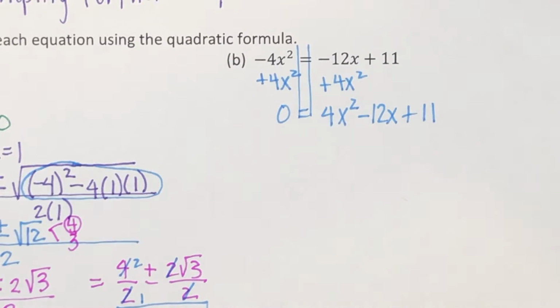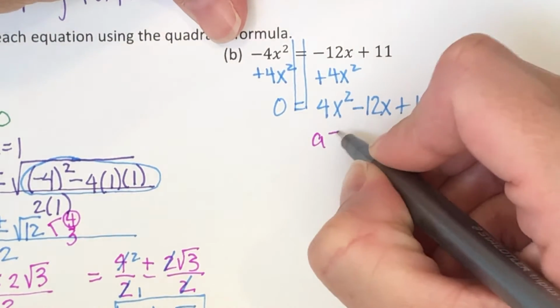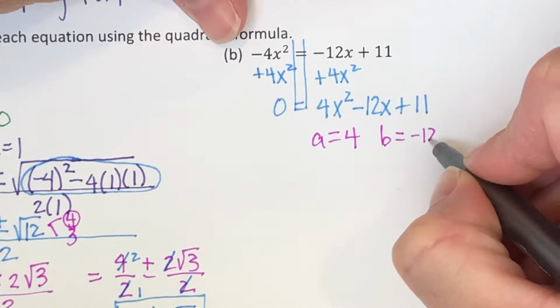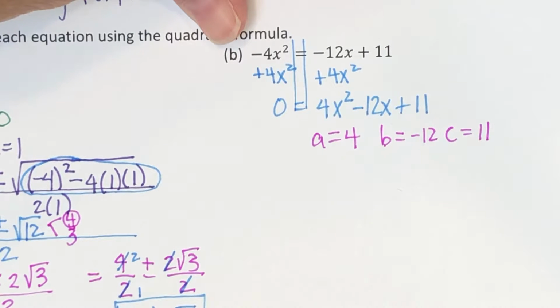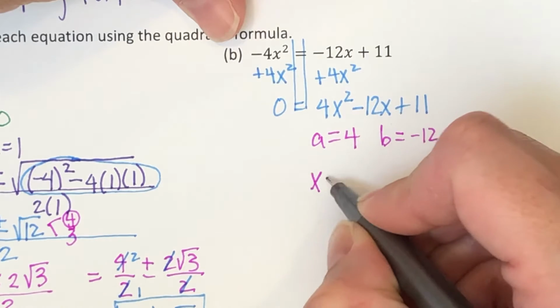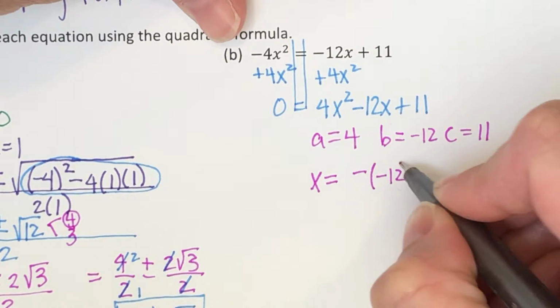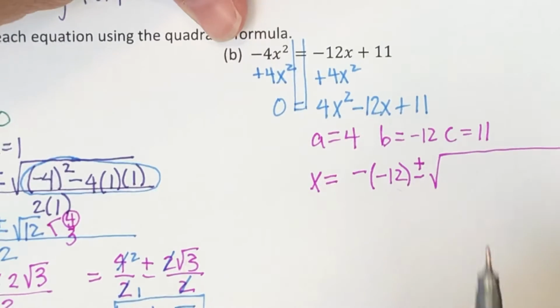After that, identify your A, your B, your C. So A is 4, the coefficient on x squared. B is negative 12, and C is 11. Okay, once you identify those, plug it into the quadratic formula. So it's the opposite of B, the opposite of negative 12, plus or minus a big square root.